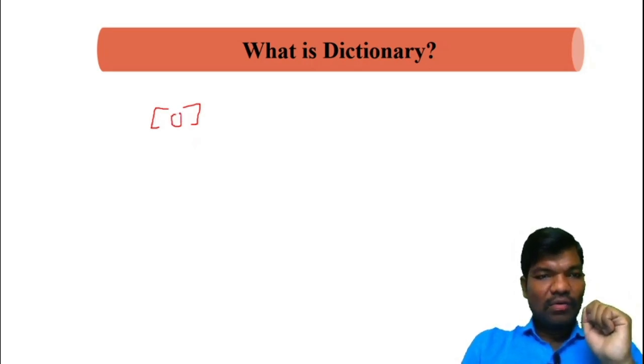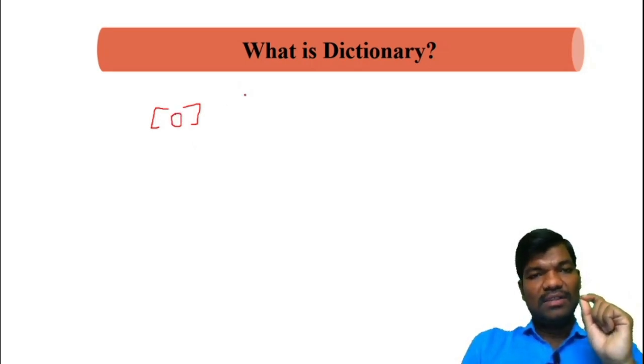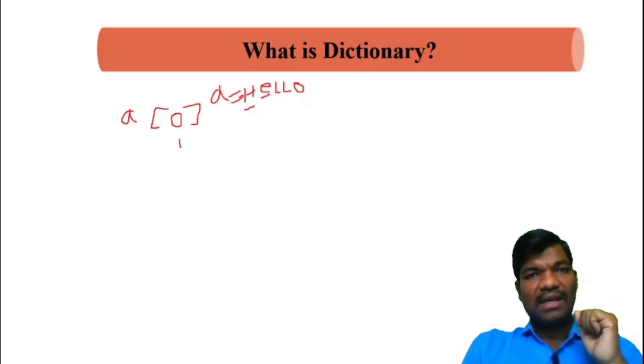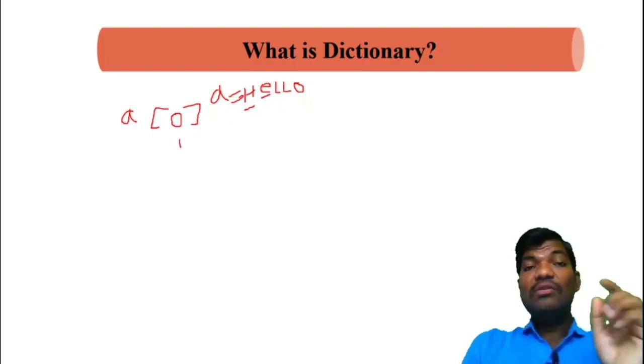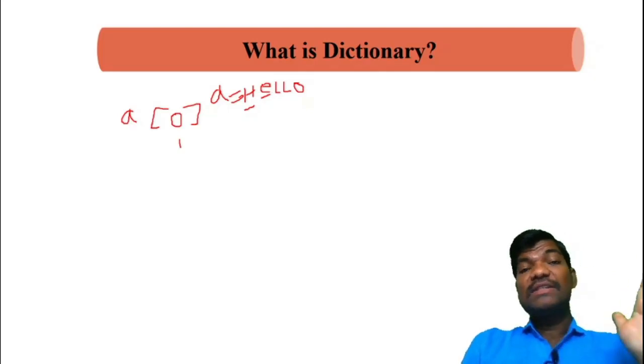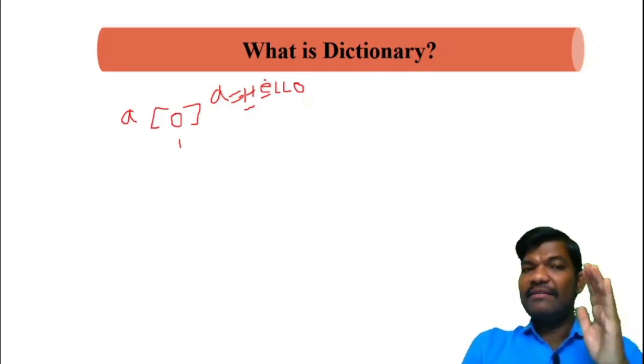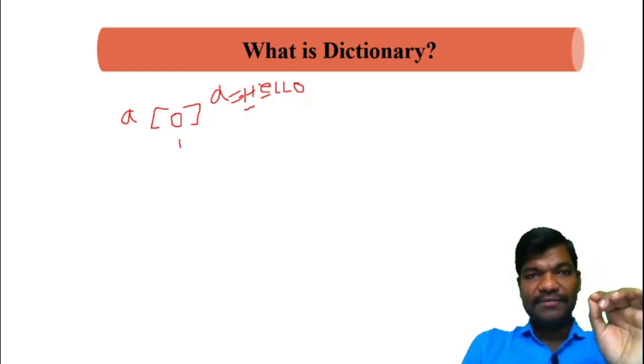Suppose we take hello: A of 0 gives H, A of 1 gives E, like that. Similarly in a list also. But coming to the dictionary, there is no such indexing. We need to use keys. Based on the key, we find the values.